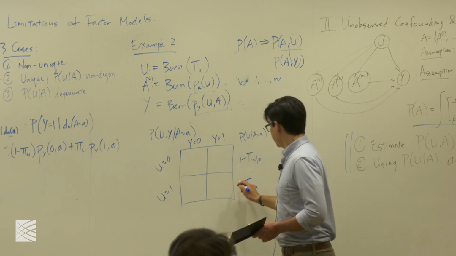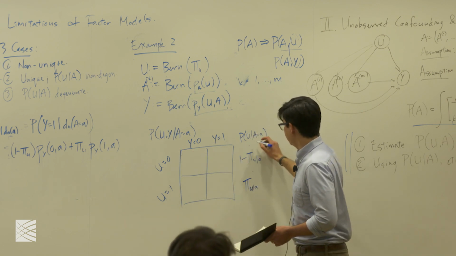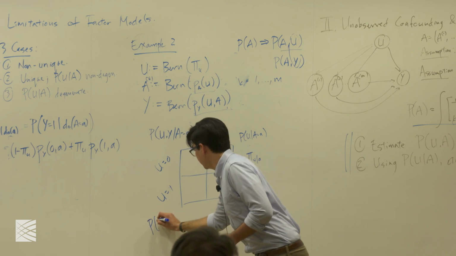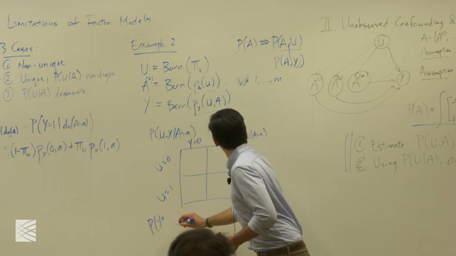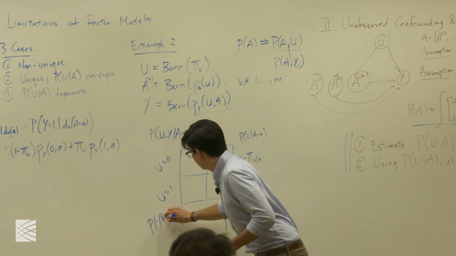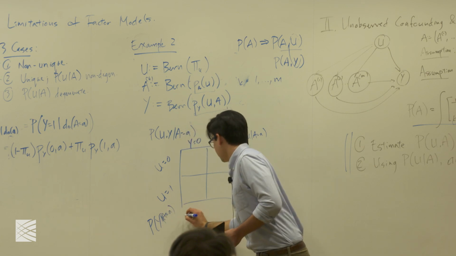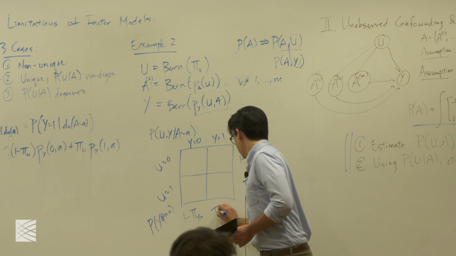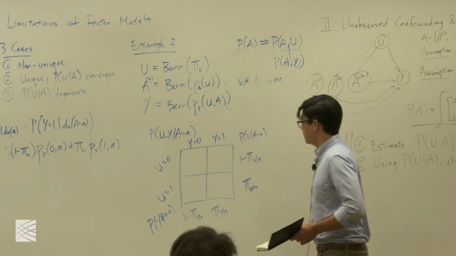If we sum these rows, they need to add up to these. And likewise, the columns are constrained by p of y given a.